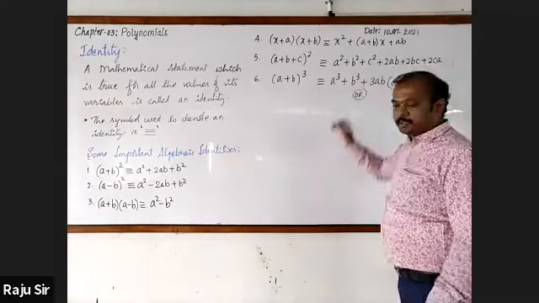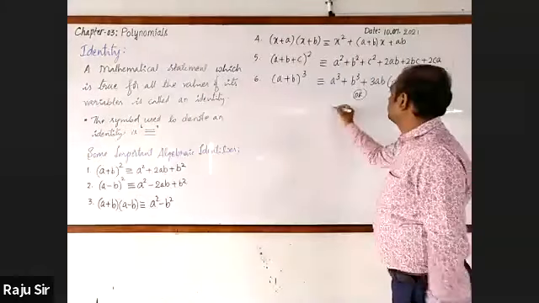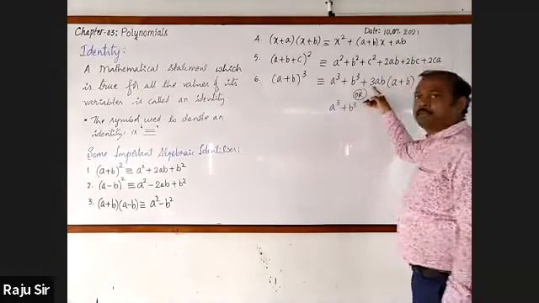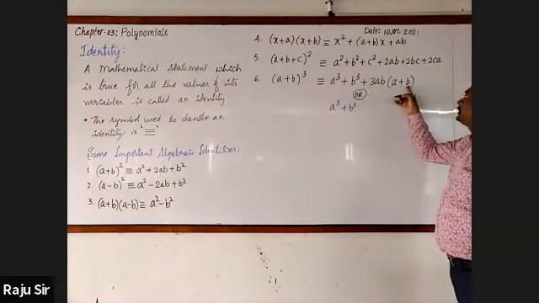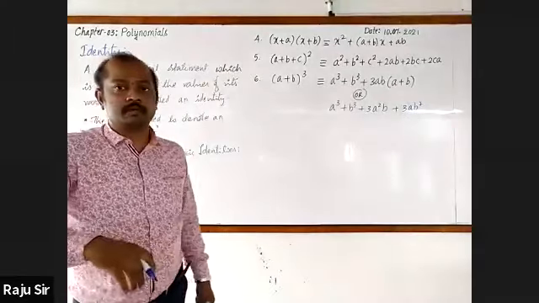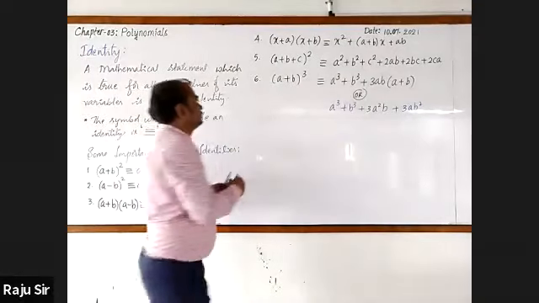And this can also be rewritten as a cube plus b cube plus 3a square b plus 3ab square. Very simple: you multiply 3ab with both the terms. It is 3ab square, not ab whole square.